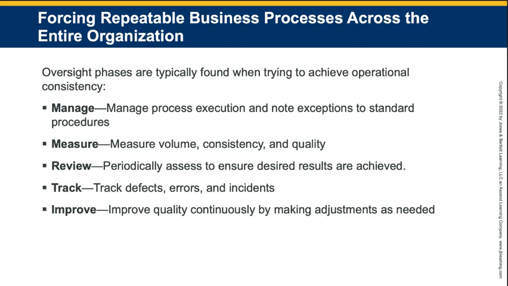And also measure, in this case, track defect errors or incidents, where companies will have graphs to take a look at how many attacks there are in a day, things like that, reports, for example, and also make improvements.